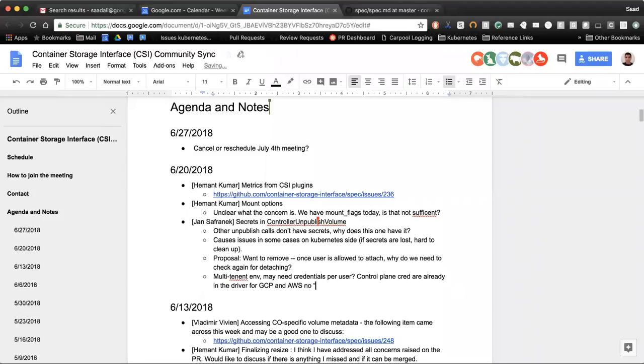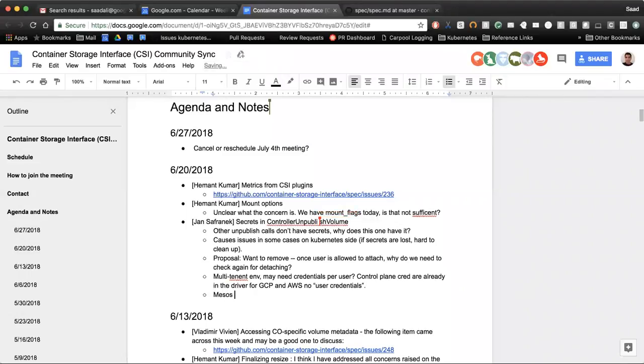Actually, I can share a little bit of experience from the Mesos side. In Mesos we have a secret resolver module that can grant us access to some secret store. So the operator can store the credentials in a secret store, and Mesos will retrieve the secret and then pass it to the plugin. That's how we resolve this.